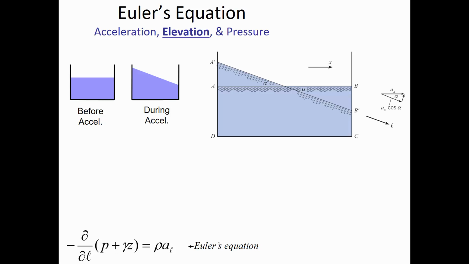Okay, now Euler's equation doesn't only predict changes in pressure. If the fluid is open to the atmosphere, the water surface might change where it's located in response to the acceleration. Think about a tank of water that's open to the air, and before it was accelerated, it was level. Now consider, what if you're holding a bucket of water and suddenly accelerate it to the right?